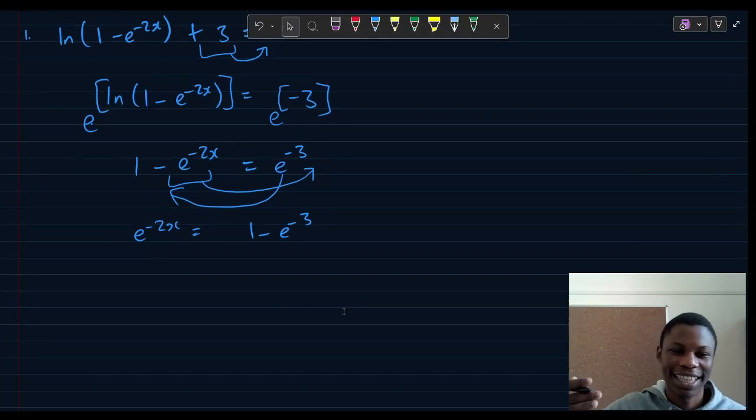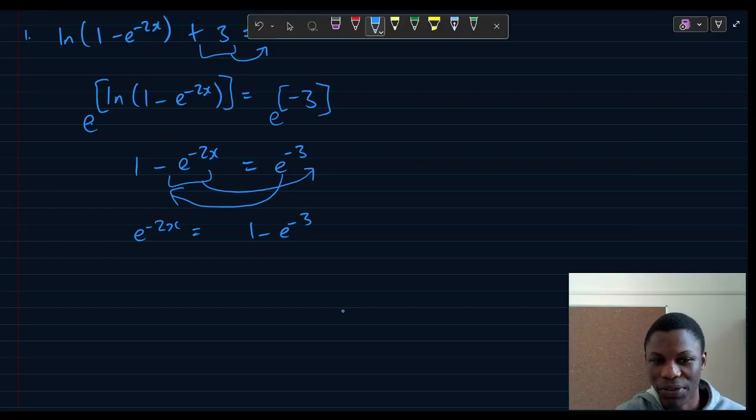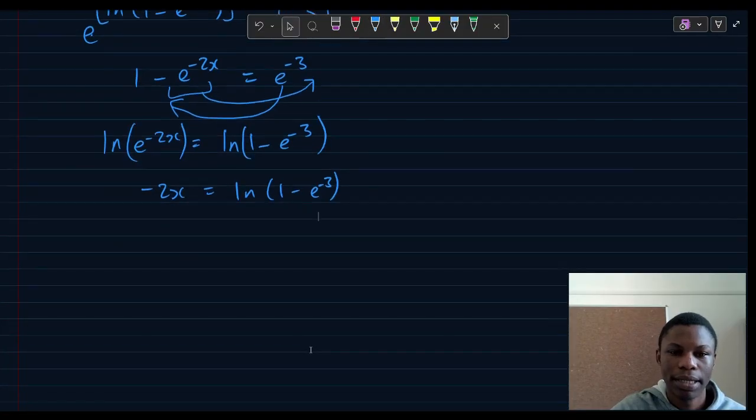And now I'm going to take the natural logarithm on both sides to get rid of this e and therefore bring down the x. So ln, you end up with negative 2x because ln and e cancel out, is equal to ln of 1 minus e to the negative 3. And divide both sides by negative 2.